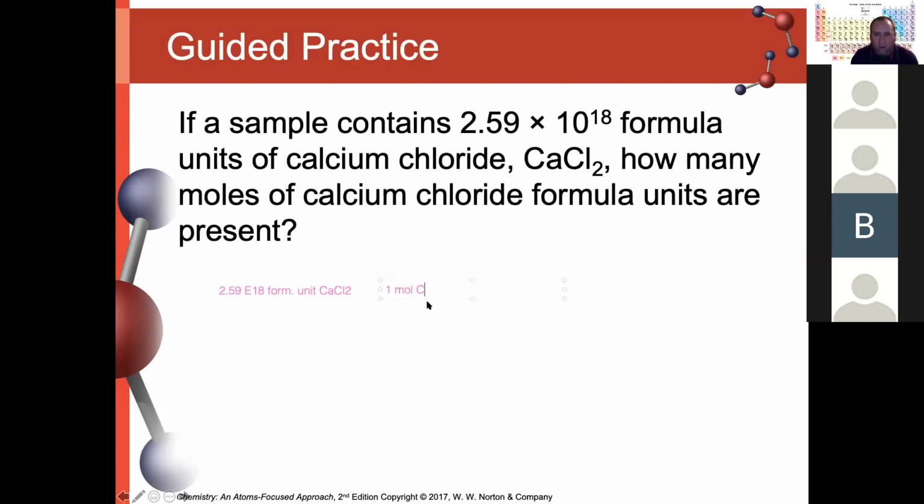One mole of calcium chloride is equivalent to 6.022 times 10 to the 23rd formula units of calcium chloride.